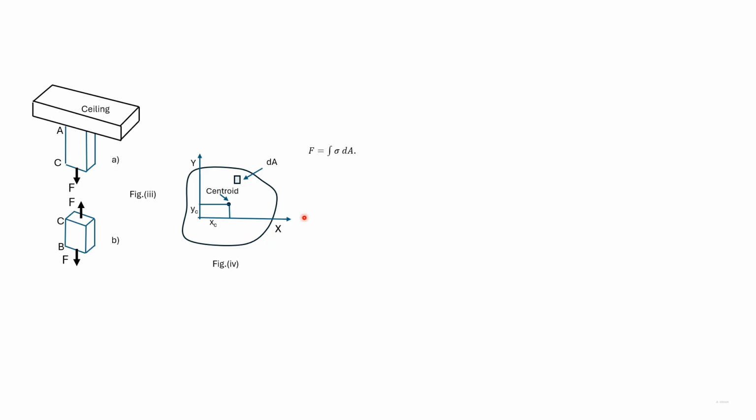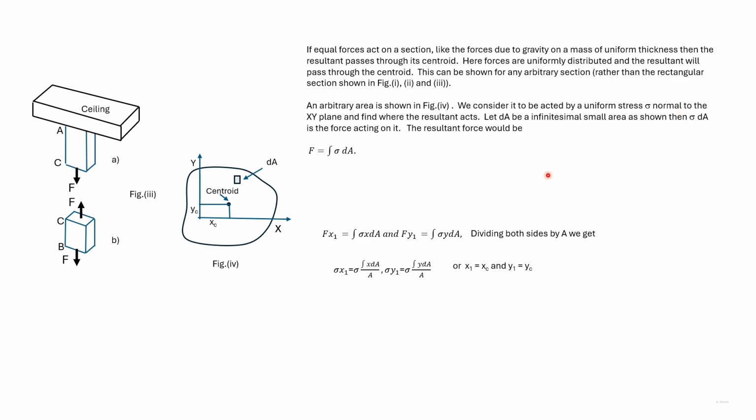Let us now arbitrarily take two axes, an x and a y axis. Let us find the moment about the x-axis. So the force acting on dA is sigma dA. Multiplied by the distance y, it would give the moment of the small force. We can take small areas throughout the cross-section and find the total moment. The total moment would be given as the integral of sigma y dA.